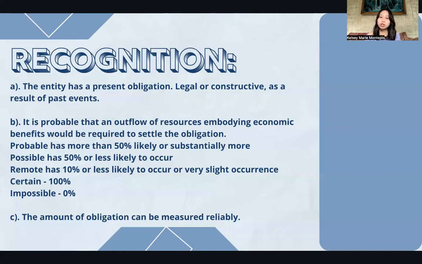We have here, of course, certain, which is 100%, and impossible, which is 0%. You will only recognize a provision if it is stated that it is probable because it is more likely to occur.